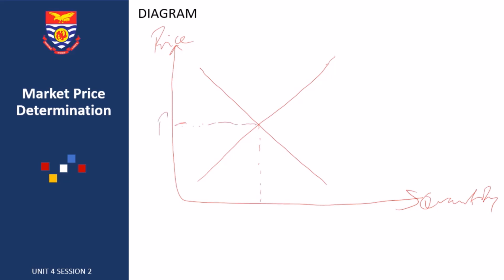I'll name this P0. I'll bring some P1 here and link it to this part. I'll bring some P2 here and link that to this part. I'll name this place E. This is my supply curve, and this is my demand curve. Since this is P0, I'll link the quantity to be Q.